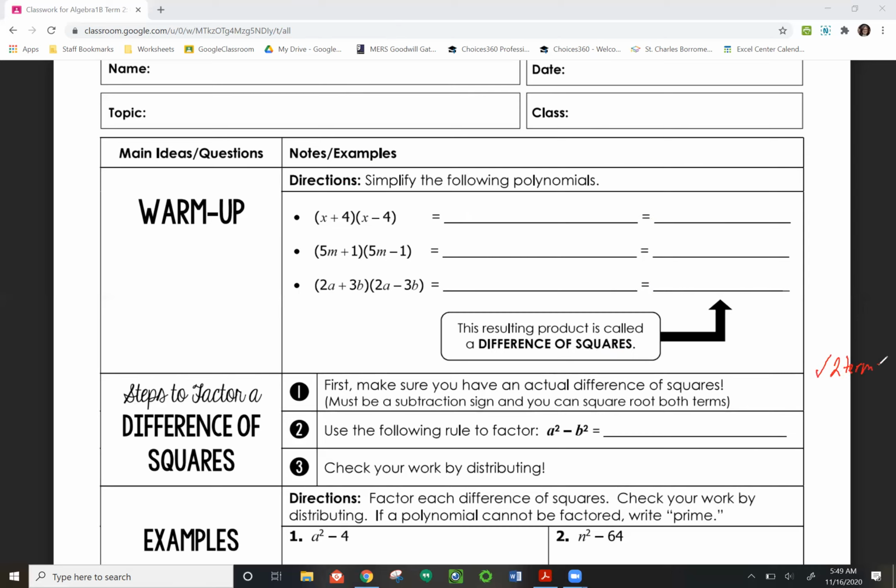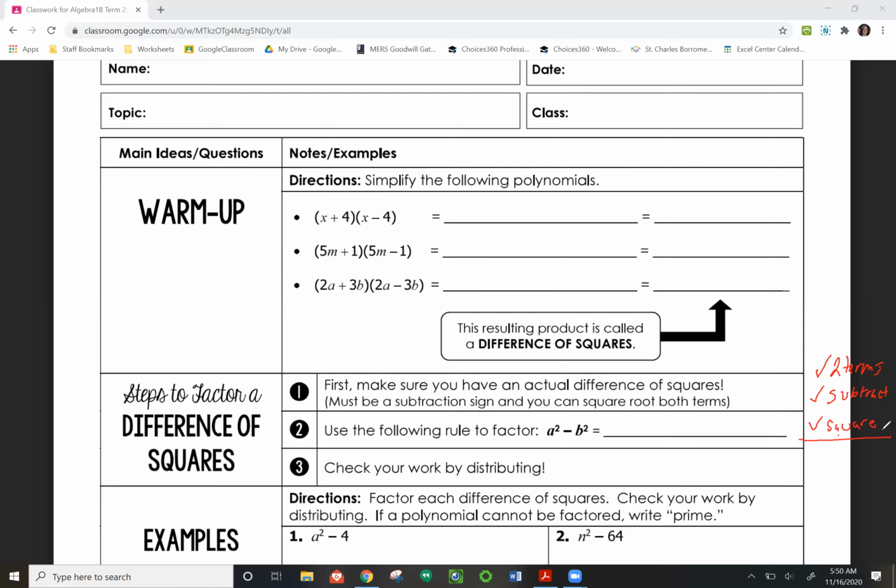You also need to make sure that it's a subtraction. And then you also need to make sure that each term is a perfect square. Sometimes this third one will take a little bit of work to be able to say for sure. So that's what step one looks like. You have to make sure there's two terms, that there's a subtraction sign in between, and that you can express both of them as a perfect square.